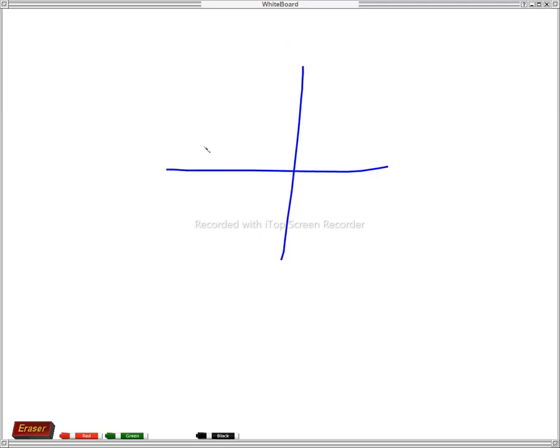Let's suppose here our line is like this, and here we are given (-1, 0), and here we are given (3, 3).